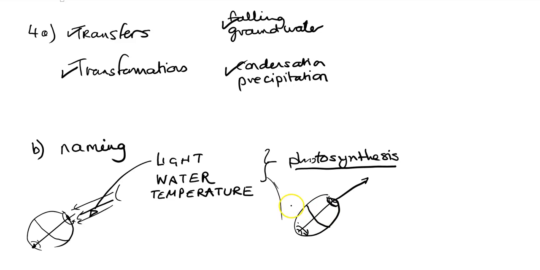Now, because the equator is also receiving so much radiation from the sun year-round, you've got more evaporation, transpiration, and then to do with the area, the ocean currents will depend on whether you have a desert or a rainforest. So you might have mentioned ocean currents. That's fine if you didn't.